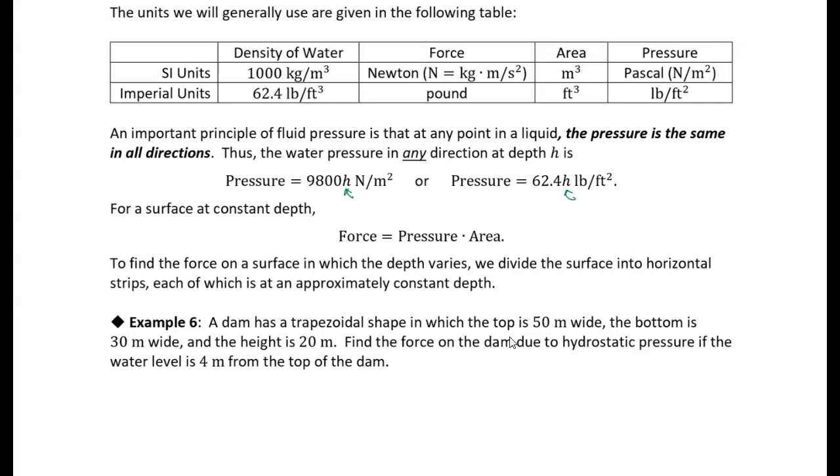If we were trying to find a force on a surface in which the depth varies, say some sort of vertical surface like a dam or the ends of a trough, then we can divide the surface into horizontal strips, and each one of those strips will be approximately at a constant depth. Then we'll use an integral to add up the forces on each of those strips, and that'll give us a total force.